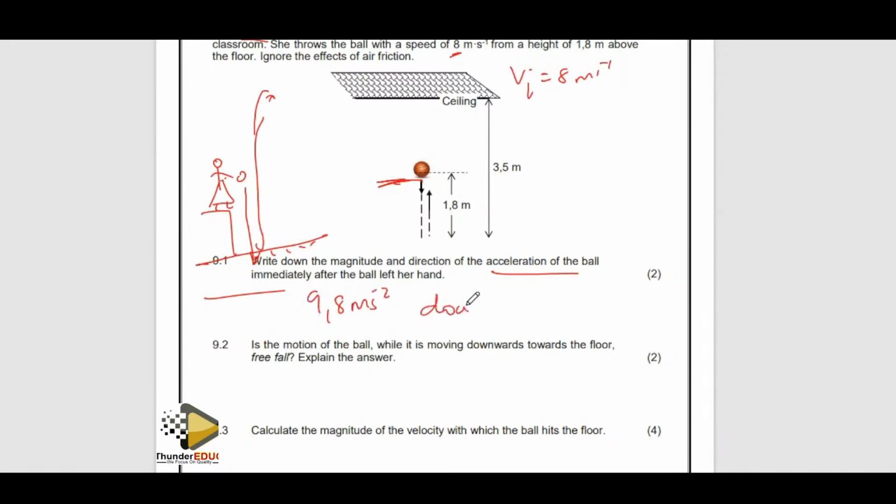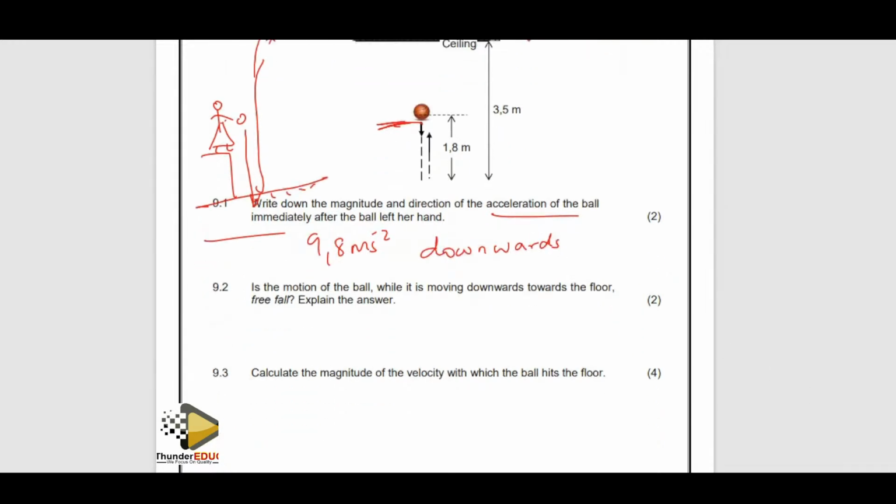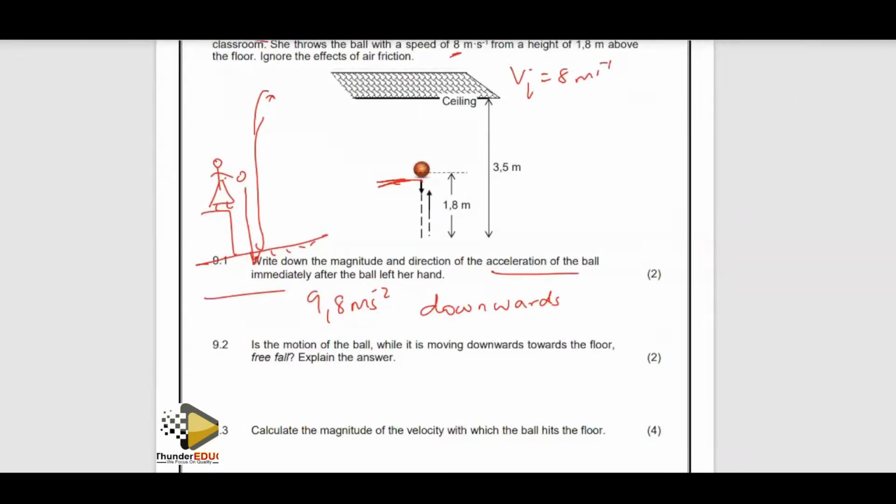Direction, downwards. Acceleration, downwards, it's a must. Then 9.2, is the motion of the ball while it's moving downwards towards the floor free fall? Yes or no? The answer is yes, since we are ignoring the effects of air friction, and this ball is just falling under the influence of gravity.